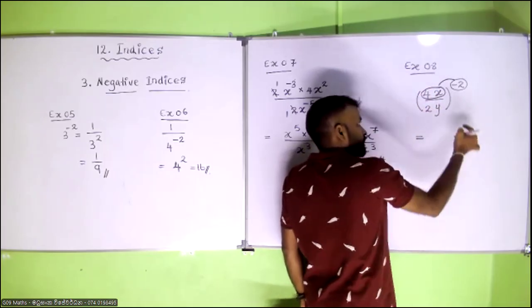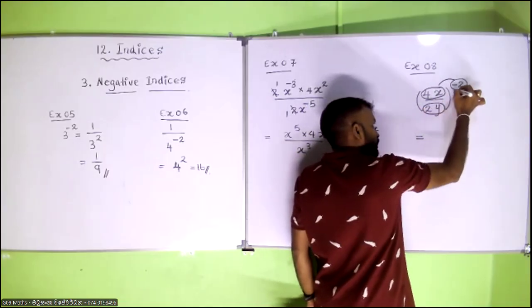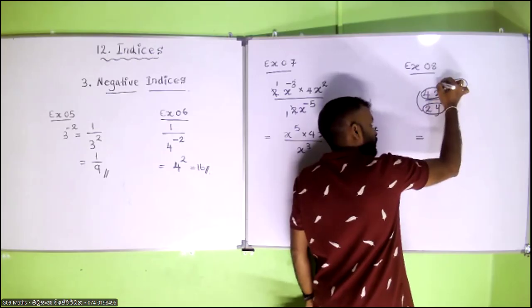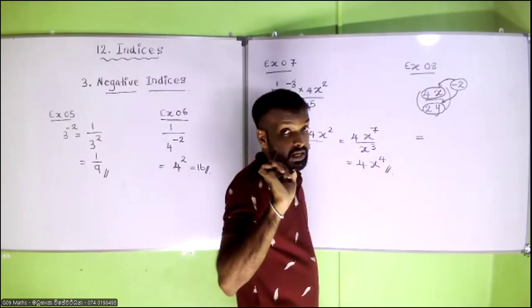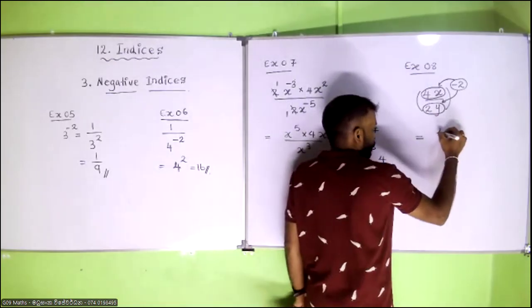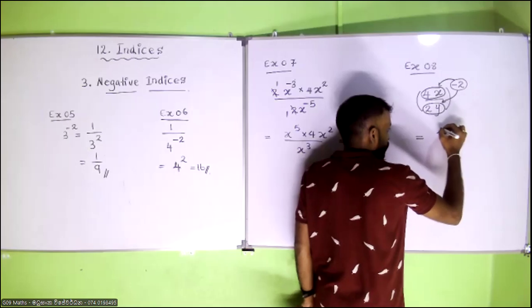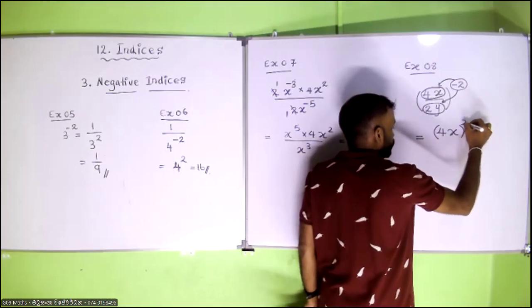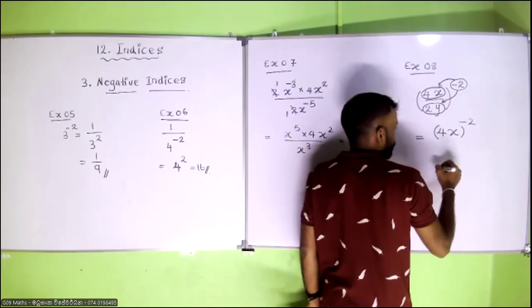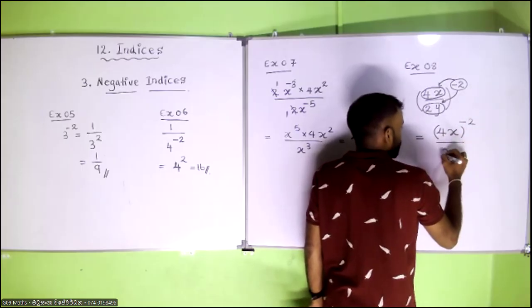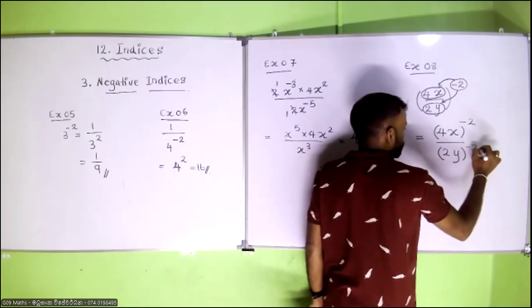This negative power is common for 2y. So that I can write 4x whole thing to the power minus 2, divided by 2y whole thing to the power minus 2.